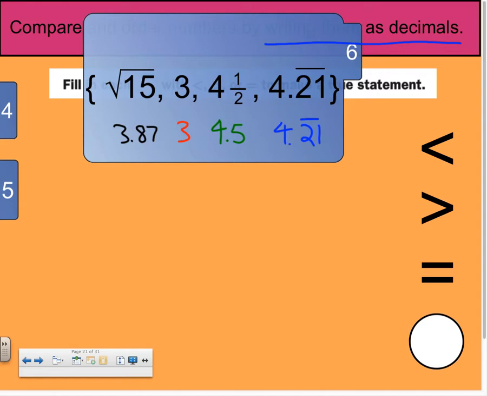I think the book says from least to greatest. Go ahead, Lay. We're putting them in order least to greatest.